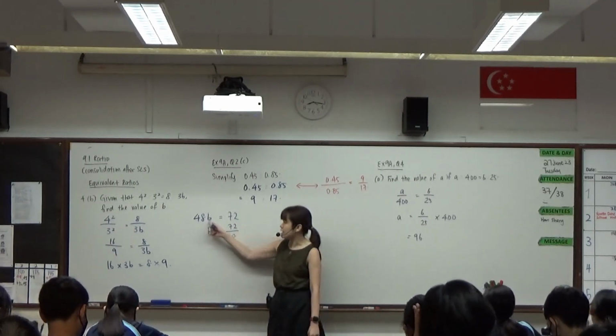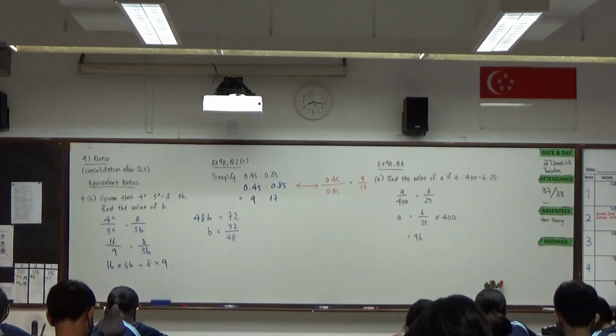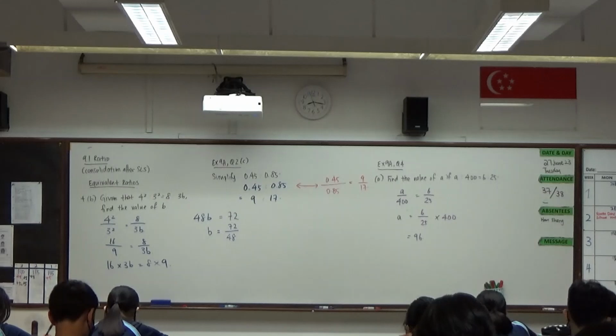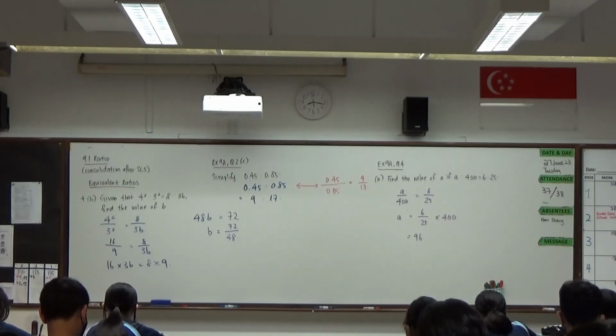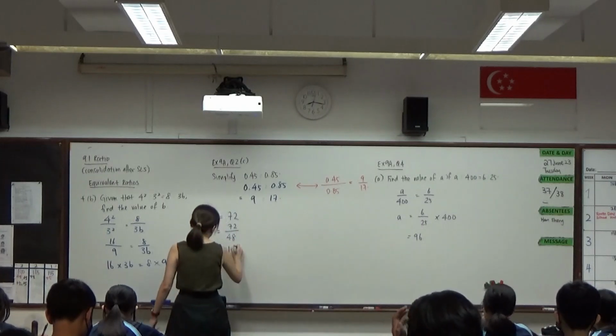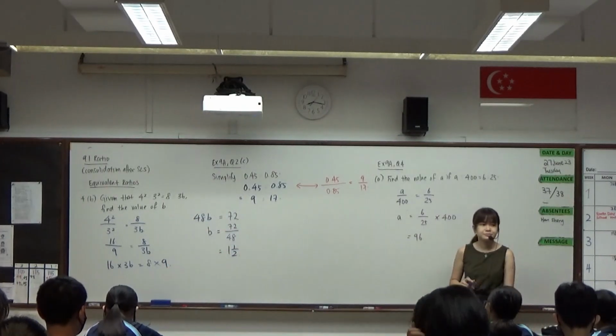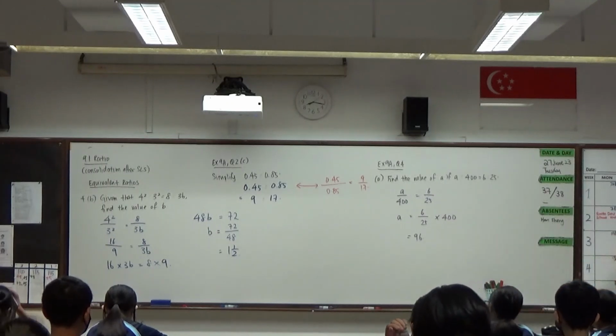Right? Because this is 48 times B. And therefore, we will be able to get 72 divided by 48 is 3 over 2, or 1.5. Okay? Any questions?